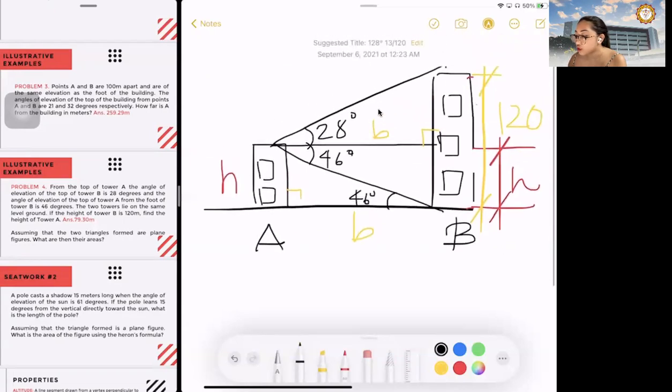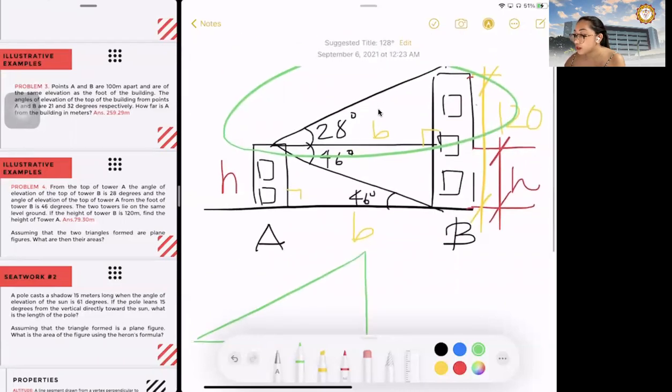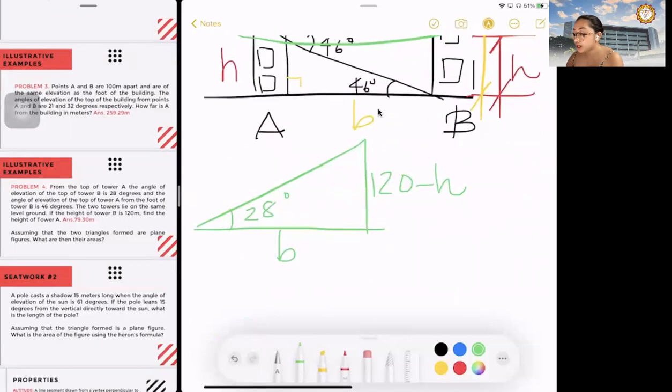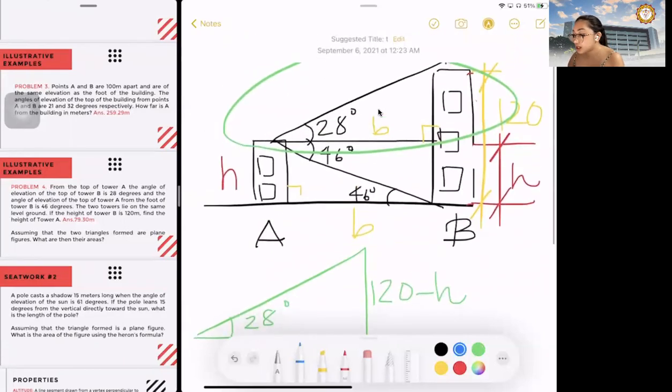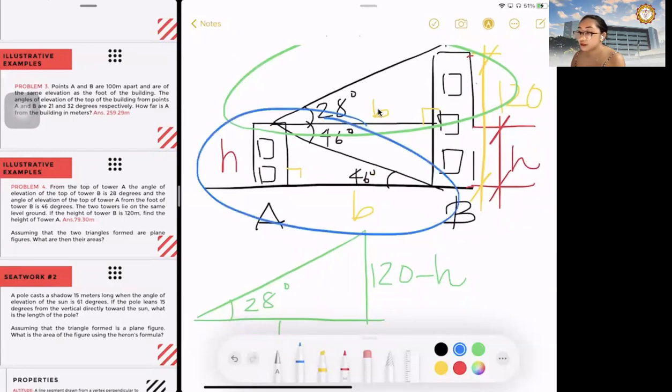So let's draw this triangle first. Drawing that triangle, from this, the height is 120 minus H, right? And then this is your base, and then that's 28 degrees. Then the other triangle we can find in here is actually this one, no?